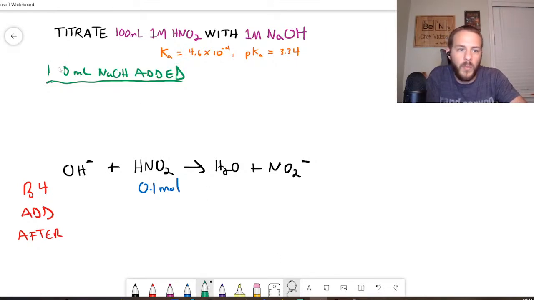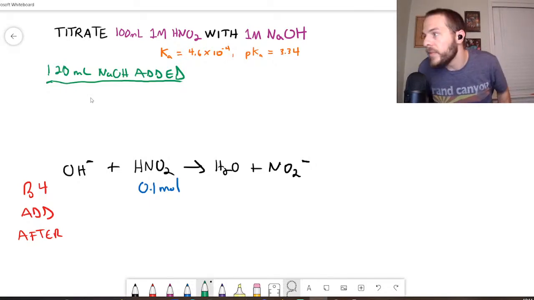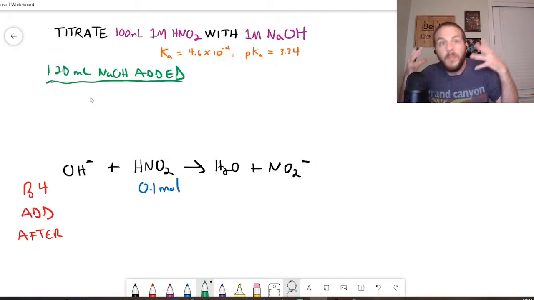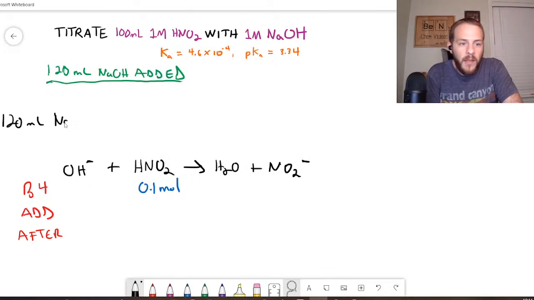All right, so now we're going to do 120 milliliters. So when we add 120 milliliters of 1 molar sodium hydroxide, what does the pH of this solution end up becoming? That is the question. So again, we start out with 120 milliliters of NaOH.